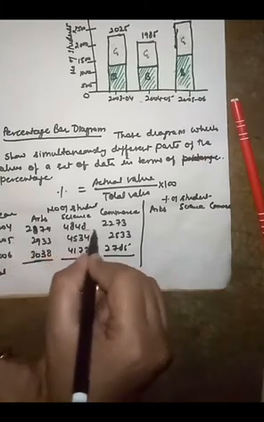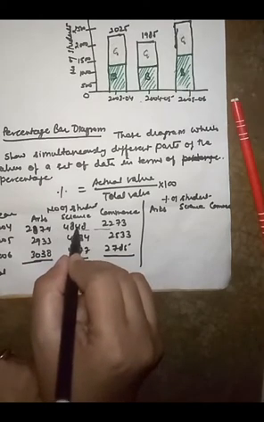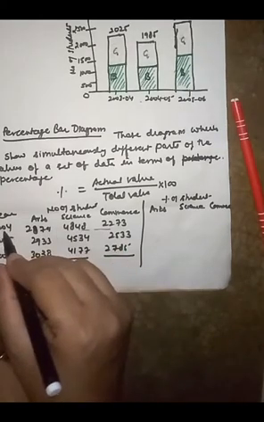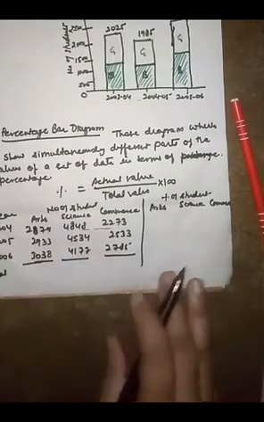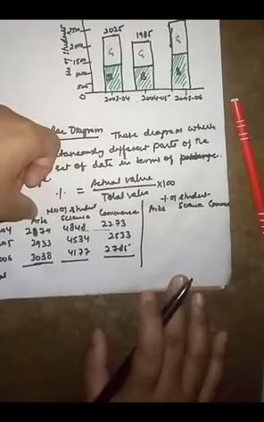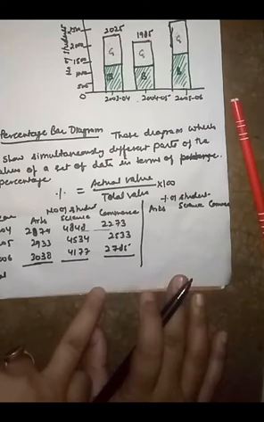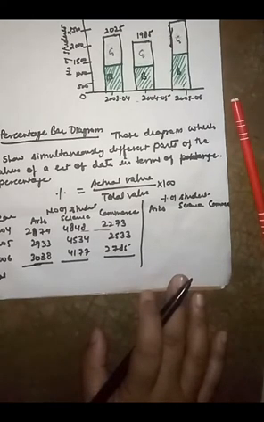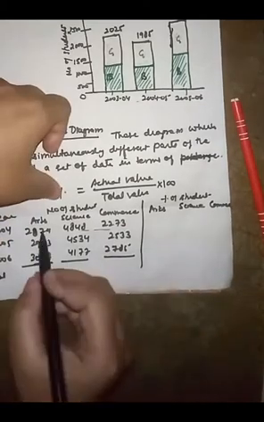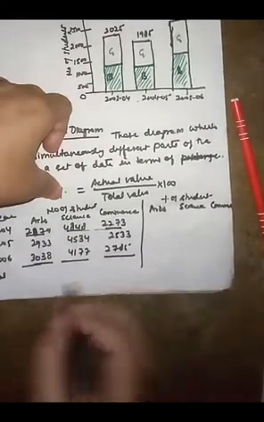So if you add these values, arts, science and commerce, in the particular year 2004, what value comes? If you add this and this, this value comes 10,000.